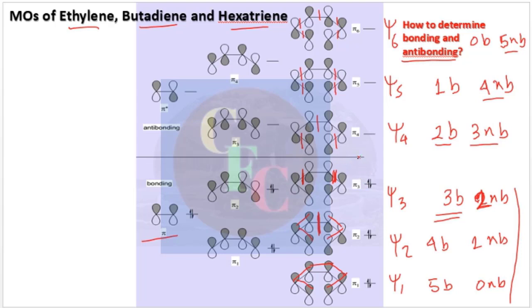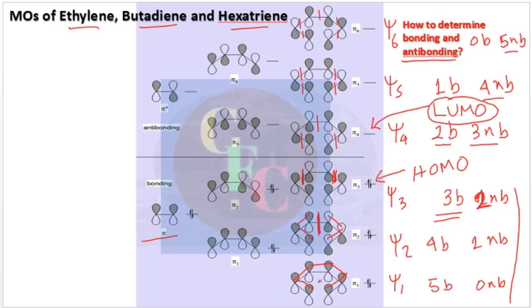And one more thing, we already discussed all these things, right? This orbital psi 3 here is called the HOMO because it is the highest occupied molecular orbital, right? Electron is there in the ground state, of course, and this one is called the LUMO, that means lowest unoccupied molecular orbital, right?